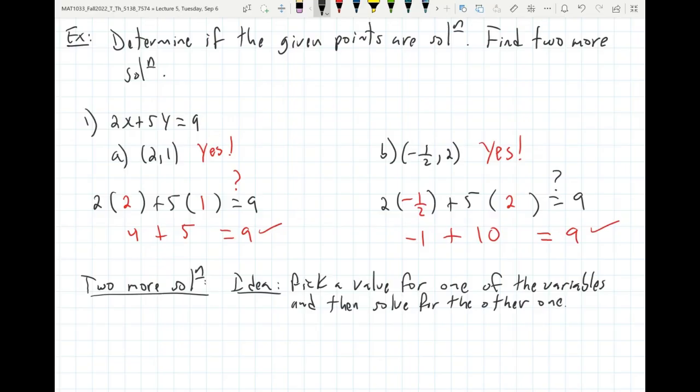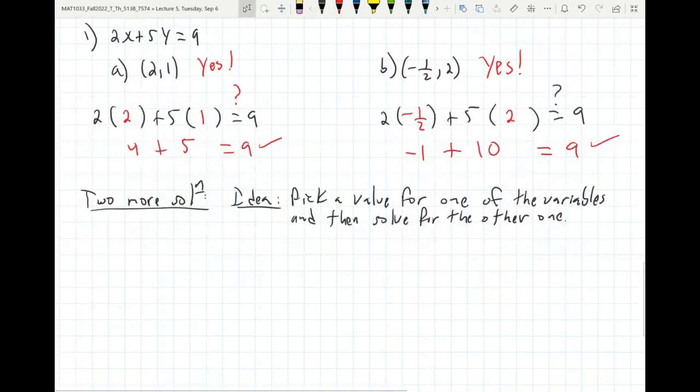For example, since we need 2 solutions, I'm going to do one by picking an x and solving for y, and then the other one I'm going to pick a y and solve for x. So you see both ways. In this case, when it's given to you in this form, it doesn't really matter. But for the other example we're going to do, it would be more convenient to just pick values for x, as you will see. But in this case, it doesn't matter.